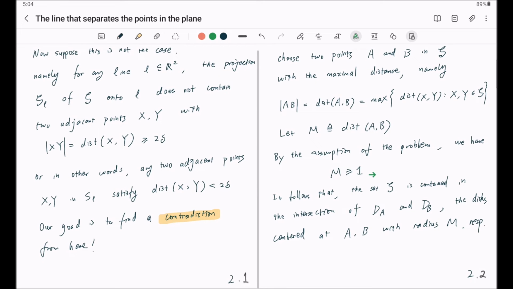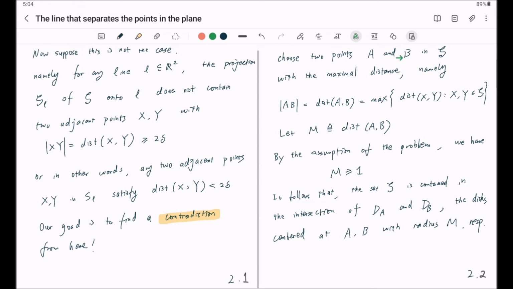The basic idea here is that because this S, the set of endpoints, does not have a shape, we're going to confine this S in a region with a shape. How do we do that?